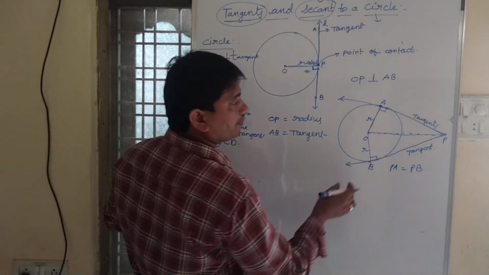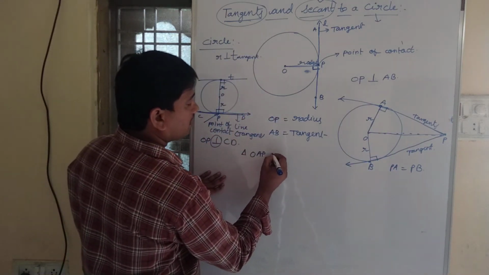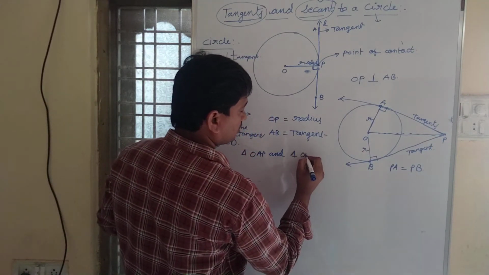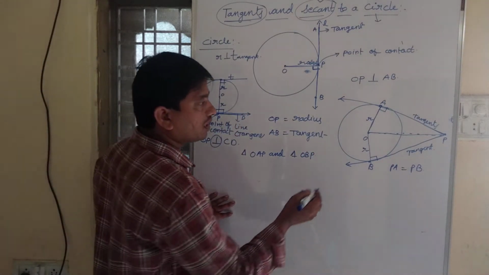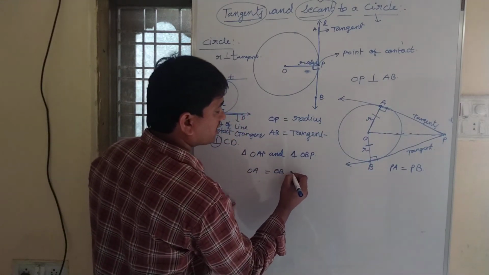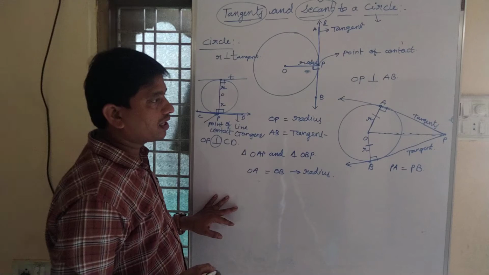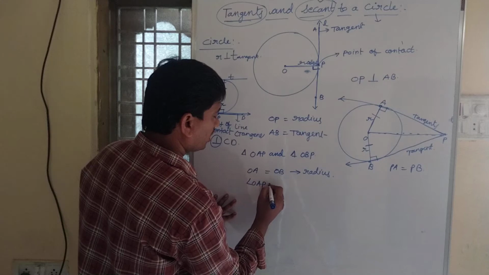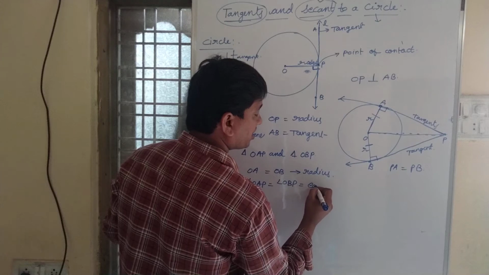If you want, you can check it. We have two triangles here. One is triangle OAP and the second triangle is OBP. By using the triangle congruence property, OA equals OB, as they are radii. And angle OAP is equal to angle OBP, each 90 degrees.